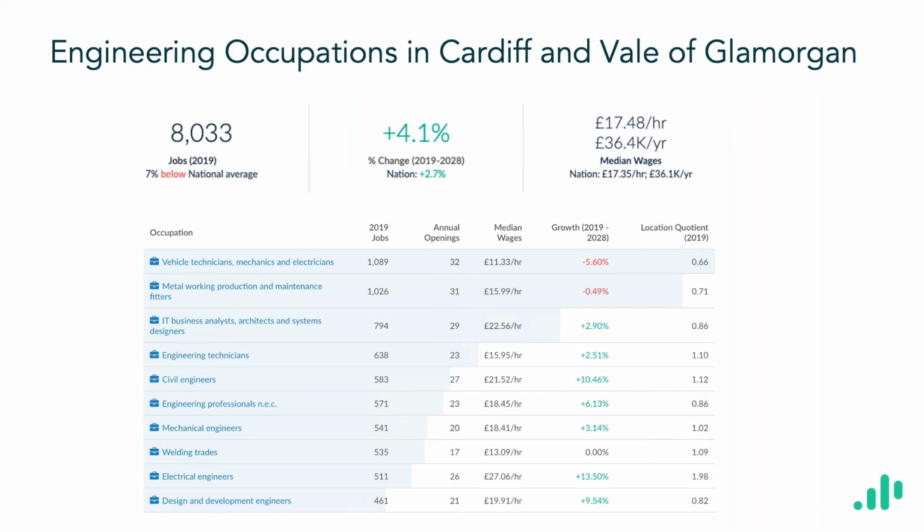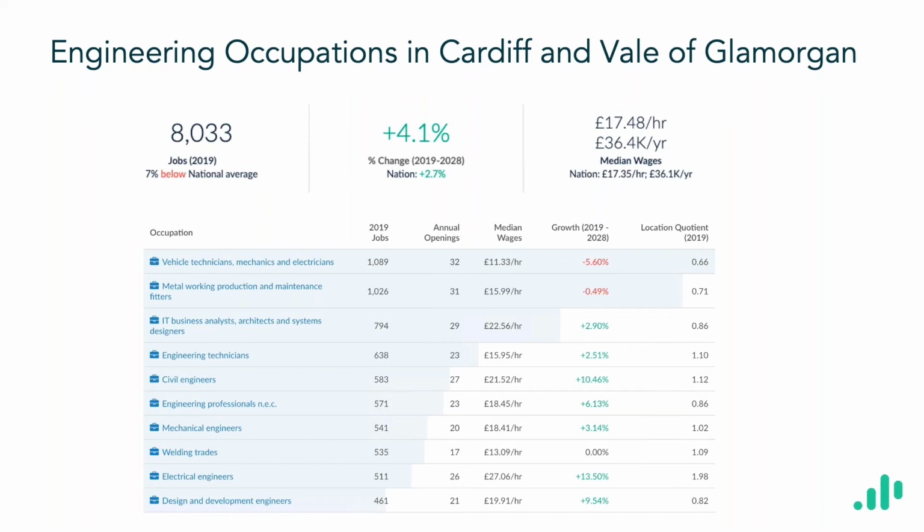So it's great to understand for students that there's a demand for engineering. Engineering is a very broad group of occupations that we've selected there. It's a large industry. And it's good to know that there's a solid number of jobs in this area, so 8,000, and it's great to know that there's a growth projection for that into the future.